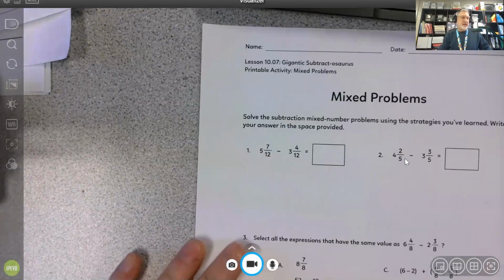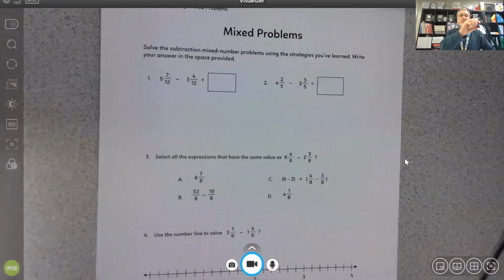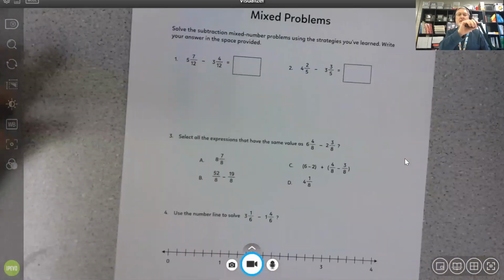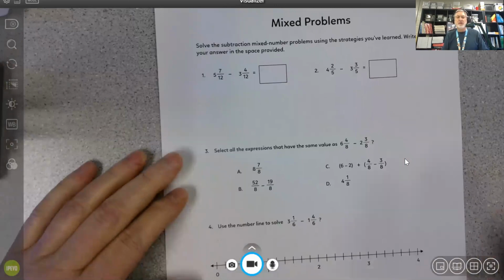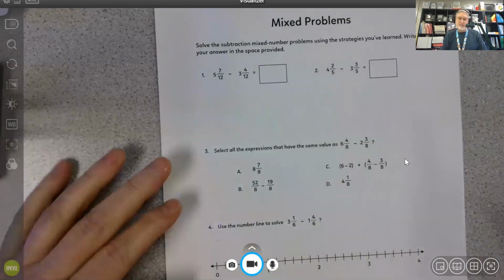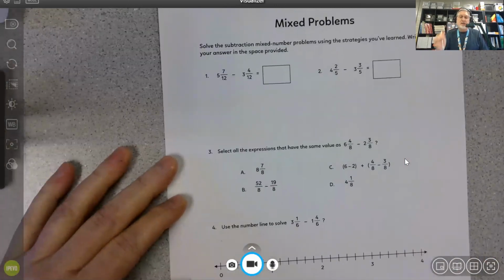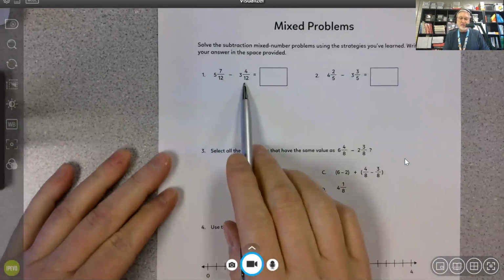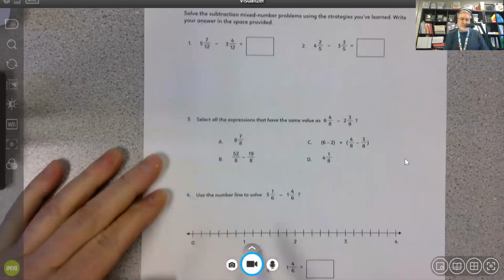Okay, so again, this is the printable activity for 10.07. And this one's set up a little differently. All right, I'm just going to go through all the problems real quick and explain them to you. The first problem, again, is a mixed number with subtraction, also with subtraction.